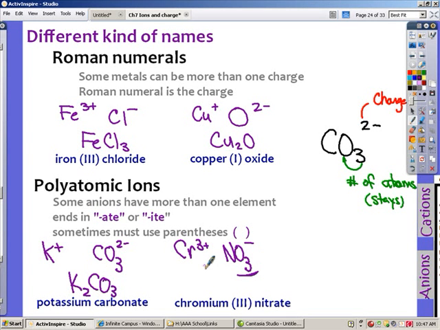Nothing's going to move over there. And my formula is going to be chromium, just 1, Cr. And then inside parentheses, I'm going to put the NO3. See how that 3 is still with the oxygen? And then outside of that, I'll put a 3. And this says that I have 3 of everything that's inside of that parentheses. 3 of those nitrate groups to cancel out the +3 charge of the chromium.